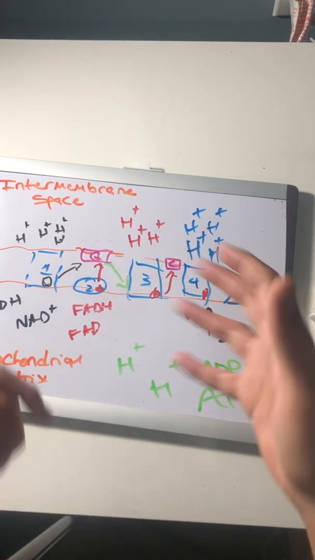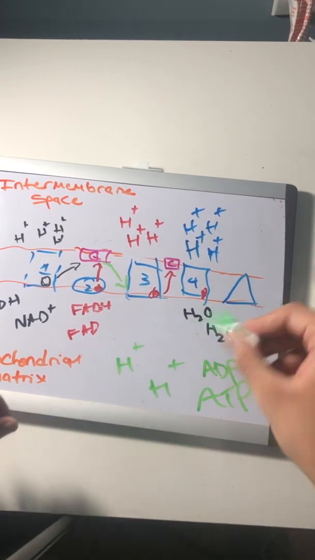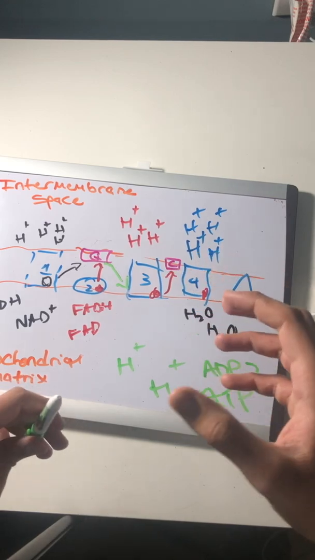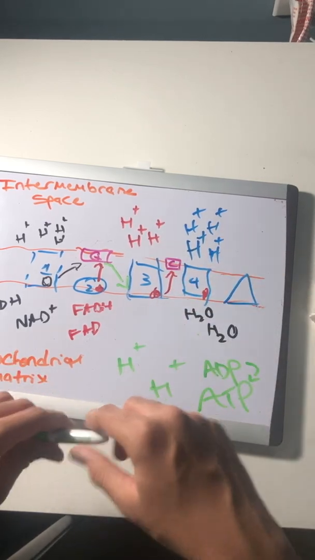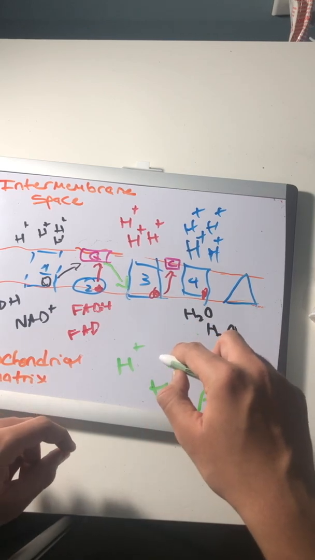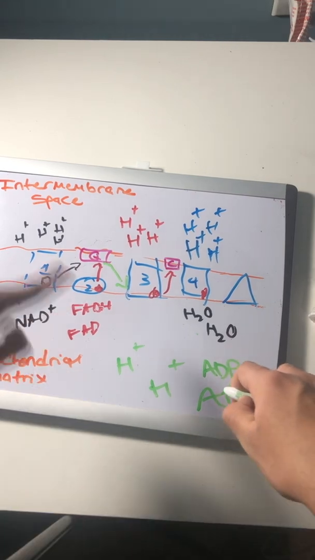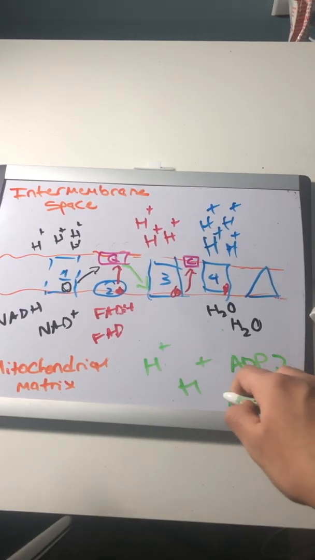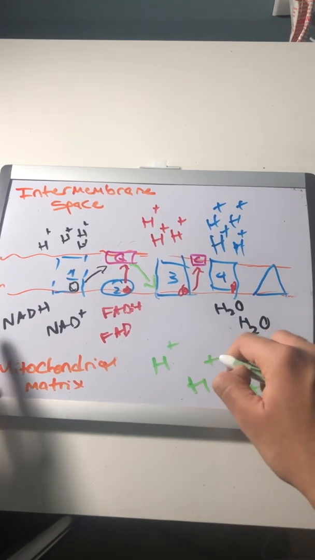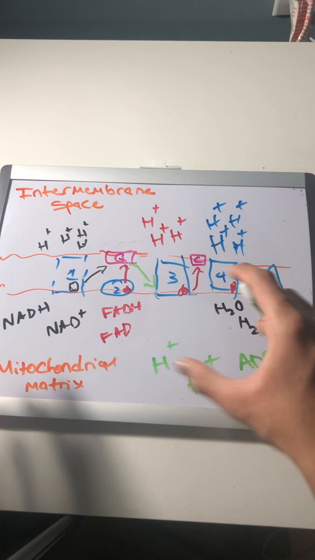Exactly 36 ATPs are made from one breakdown of glucose. This is a very crazy process, and it would occur again once there are more electron carriers from the Krebs cycle.